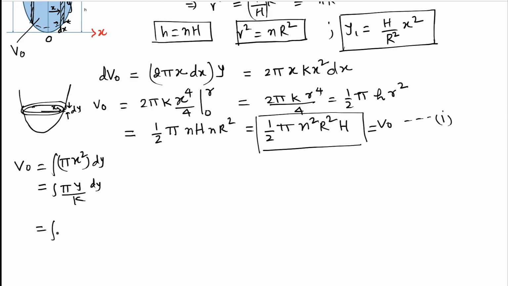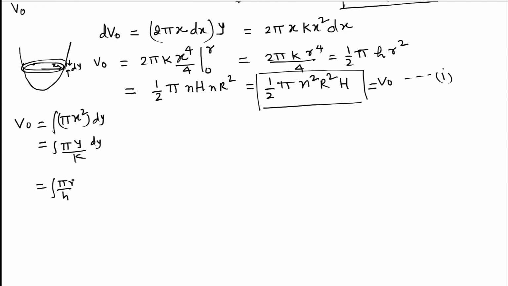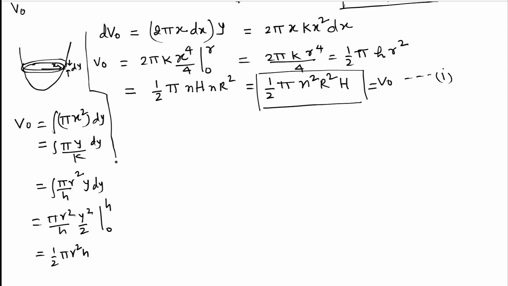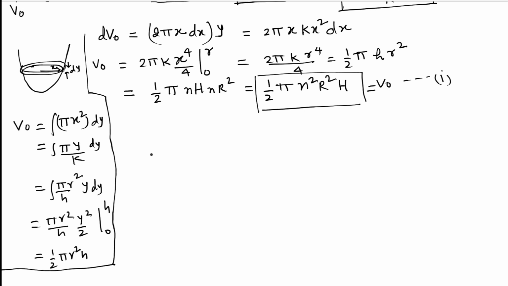So we can replace k with H by R square, into y dy. So pi R square by H, y square by 2, from 0 to H. And this will be half pi R square H, right? So we can compute the volume like this also. Or you can simply use the formula if you know it, which is 1 by 2 pi r square h. So I think it's straightforward.